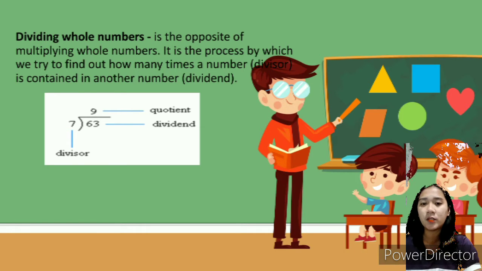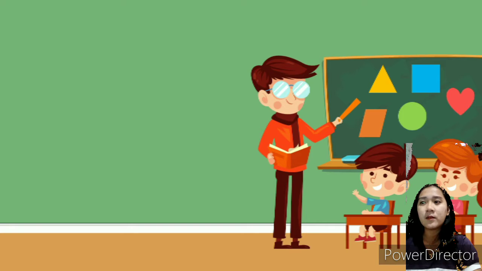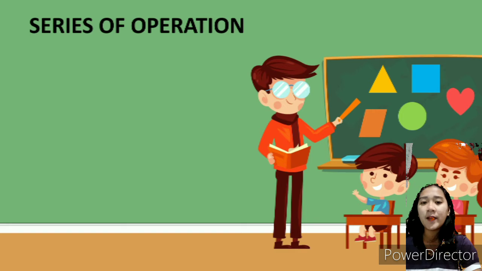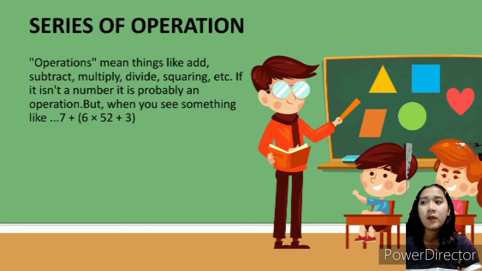Series of operations. Operations mean things like add, subtract, multiply, divide, squaring, etc. If it isn't a number, it is probably an operation. But when you see something like 7 plus the quantity of 6 times 5 plus 3.